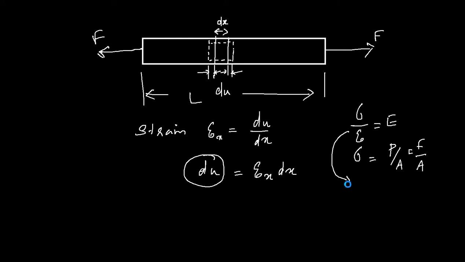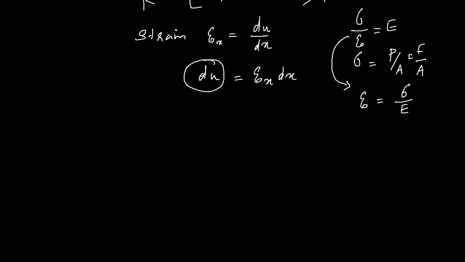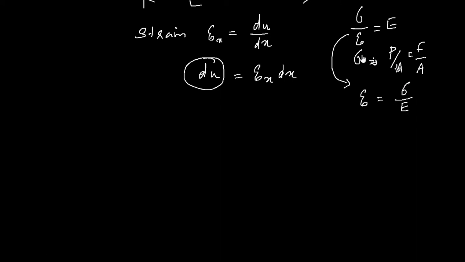Rearranging, epsilon is equal to sigma over E, stress over Young's modulus, and substituting sigma by F by A, strain is equal to F by AE, where F is the applied load, A is the area of cross section of the bar on which this load is applied, and E is the Young's modulus of the system.